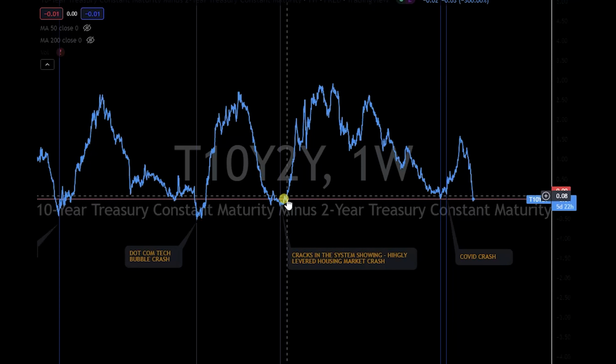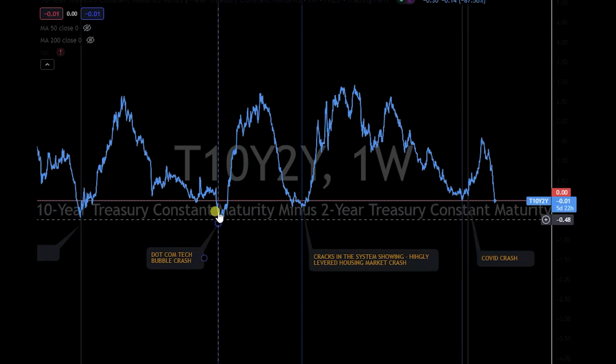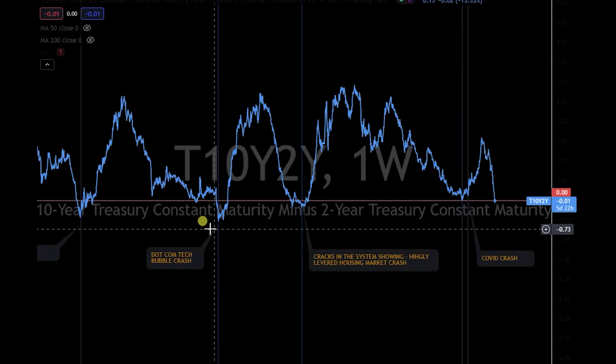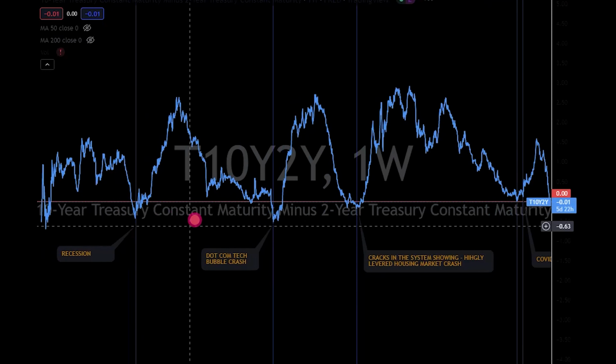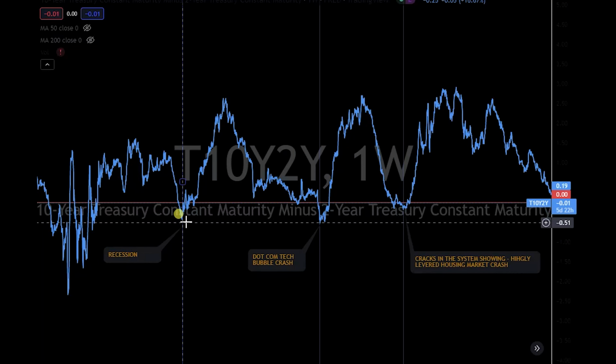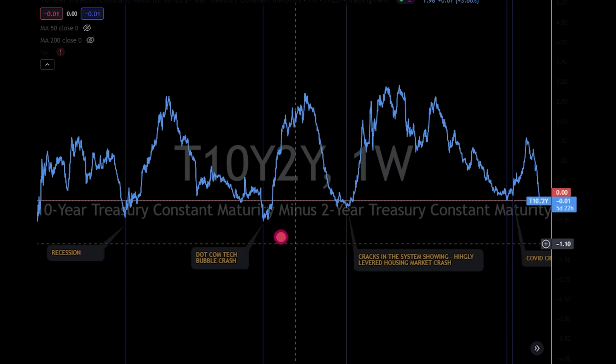So analyzing the past inversions, you had a housing crisis appear not too distant in the future. You had the dot-com bubble, the tech crash, also appear in the year 2000 when the yield curve inverted, and the recession of the early 90s occurred.